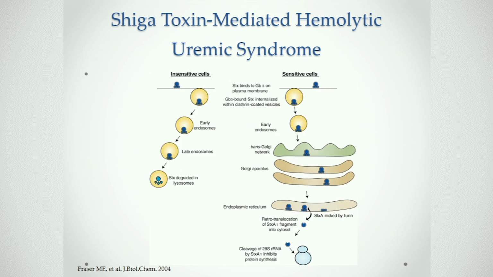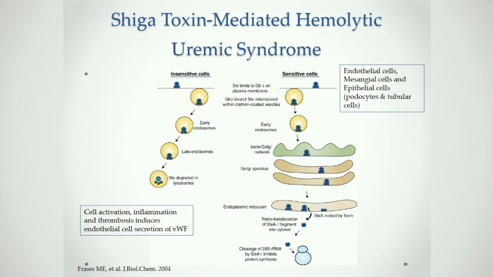Interestingly, I find that both insensitive cells, as they've been defined, and sensitive cells have roles to play in the pathogenicity of Shiga-toxin-mediated HUS. If they're insensitive cells, the cells take up the Shiga-toxin, and through that process, their endosomes take it on, and Shiga-toxin ends up getting degraded by the lysosomes. That happens, unfortunately, then with cell activation and inflammation. That cycle of inflammation proceeds to then activate von Willebrand factor, and through that, more clotting.